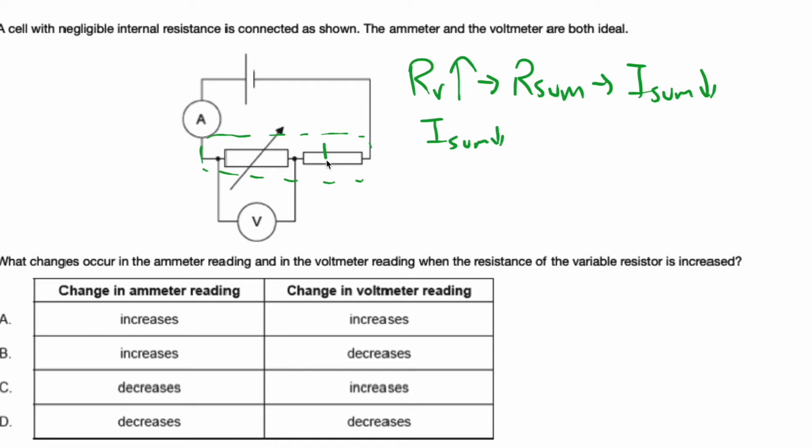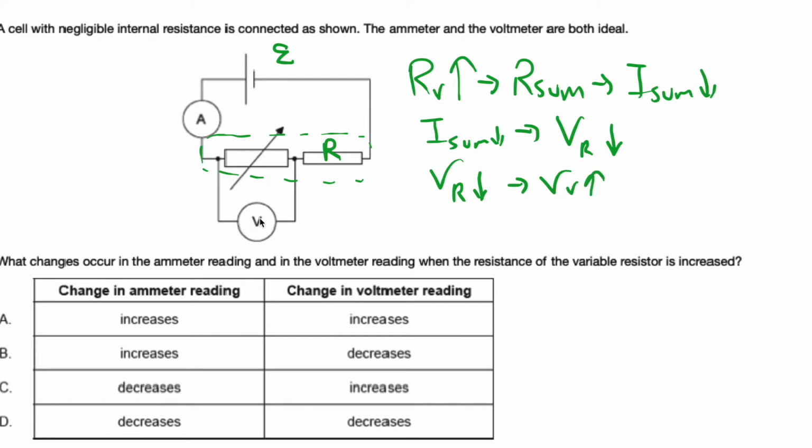And this resistor here, R, is fixed. So if the current going through the resistor decreases, then the voltage must be decreasing. And here the battery supplies an electromotive force, which is a constant number if there's no internal resistance, and because VR decreases, then the voltage of the variable resistor must increase.